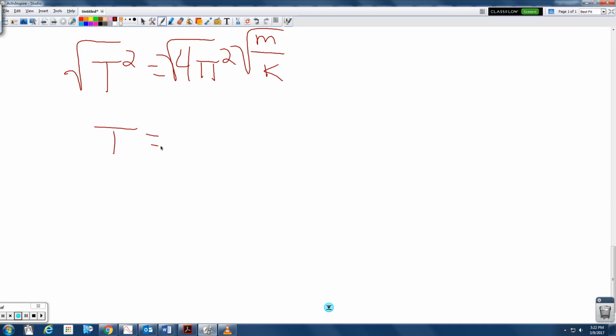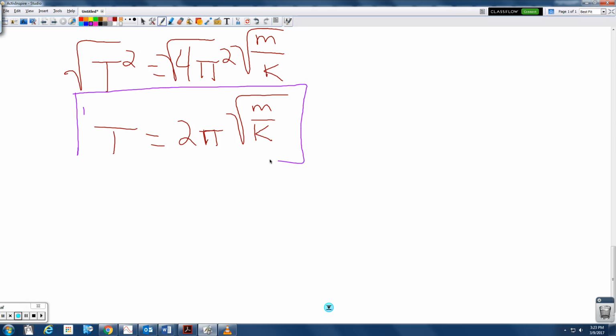Period T equals 2 pi times the square root of m over k. Let's clean up that last k. Box that one. So for the period of a mass spring system in simple harmonic motion, we have the period given by big T equal to 2 pi times the square root of m over k.